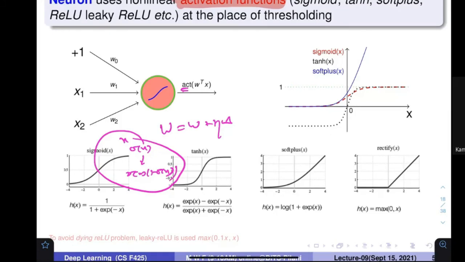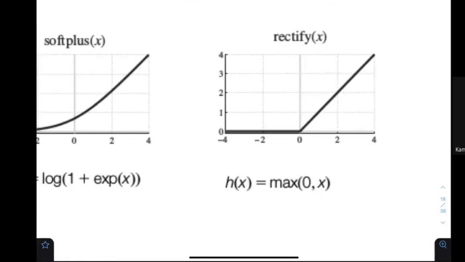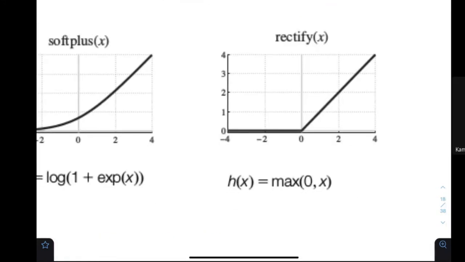So finding out the derivative was very easy over here, because ultimately you have to update the parameters, so you have to find out the derivative also. And if you see this rectilinear unit, it is super easy. What is the derivative? If the value is greater than 0, then the derivative is 1, because the derivative of x is 1.